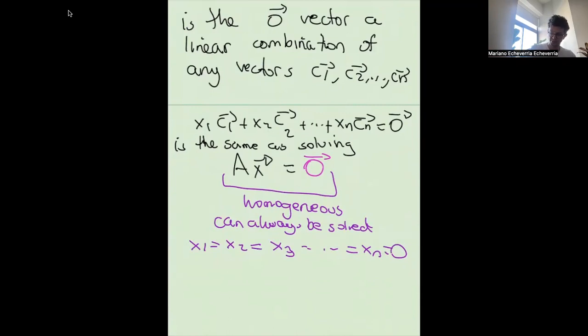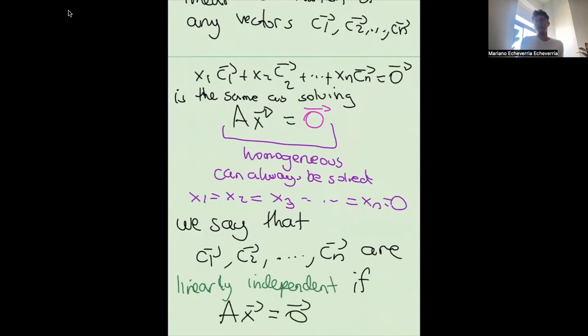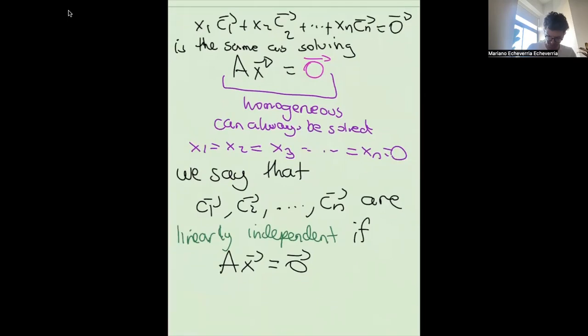Okay, so we say that C1, C2, C3 up to Cn are linearly independent if AX equals 0 only has a trivial solution, where A, again, is a matrix whose columns are these vectors.